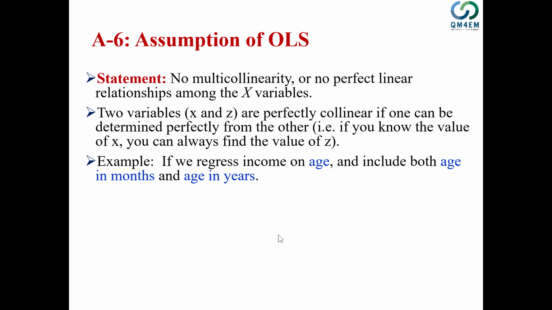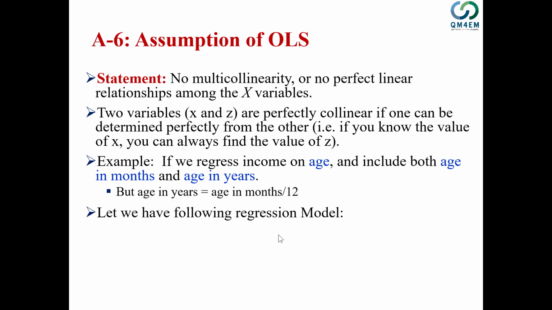So if I write a model and estimate it, income is regressed on age in months with a coefficient of beta 2 and age in years with a coefficient of beta 3, and beta 1 and an error term are added to it. Now focus on the interpretation of this model.